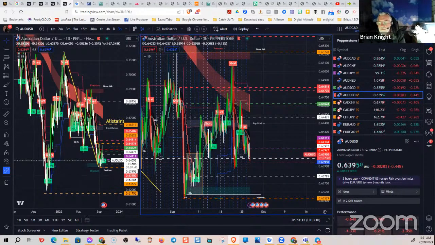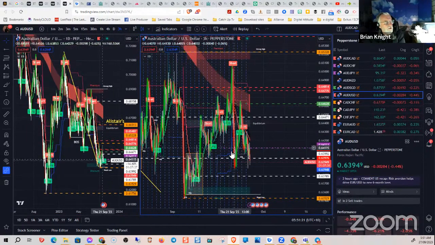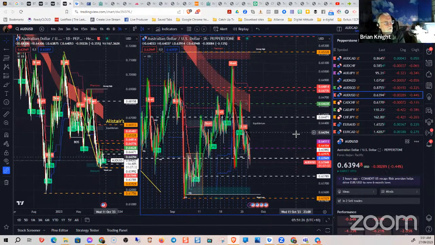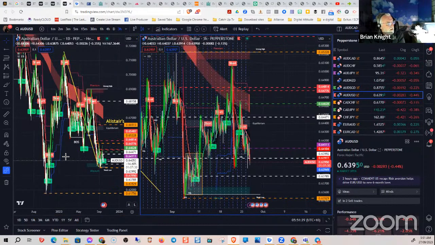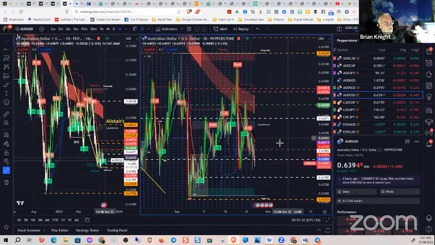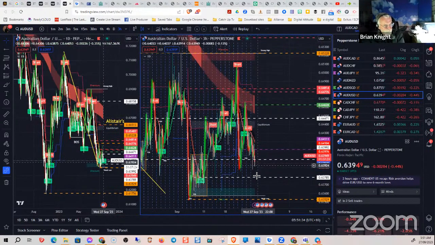AUD USD up 400. Then another AUD is like only 16. That's only from there down. So that was a trigger. It went into drawdown and then it's come back down into profit at the moment. It is going sideways, so it's probably not the best sort of trade.